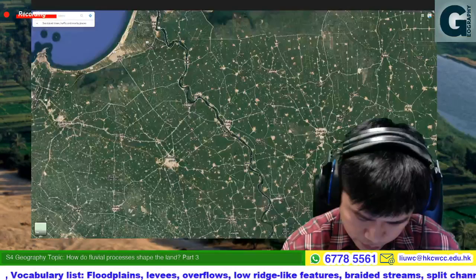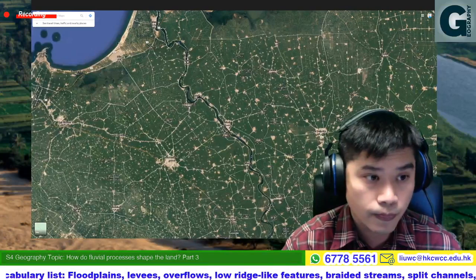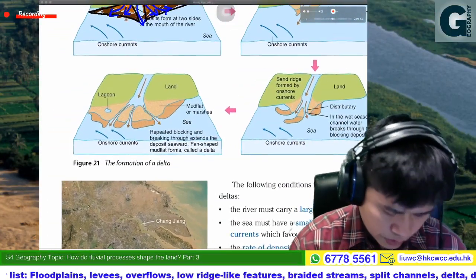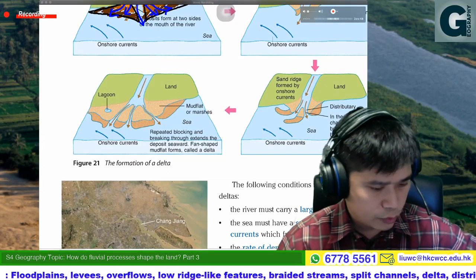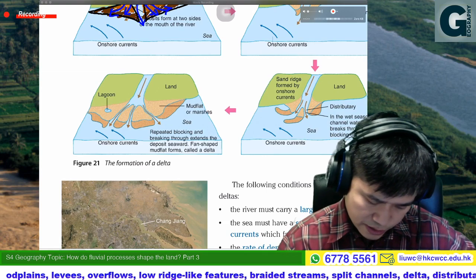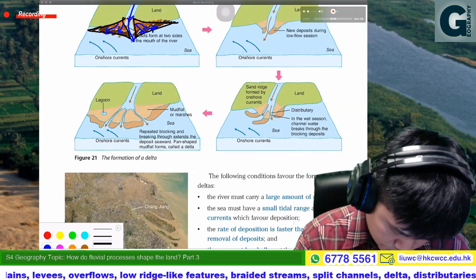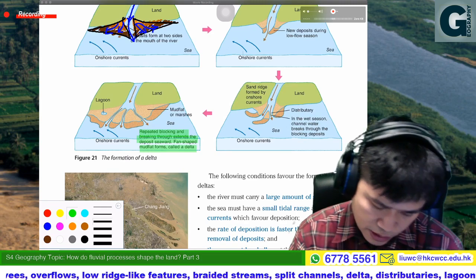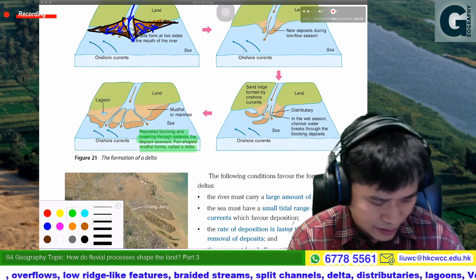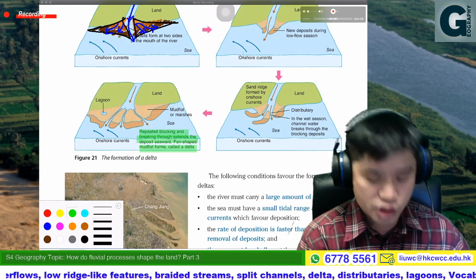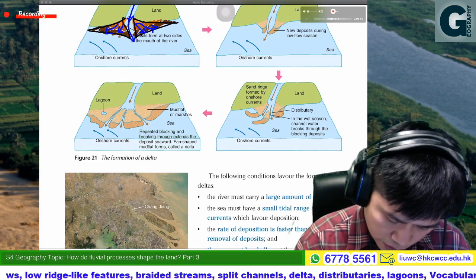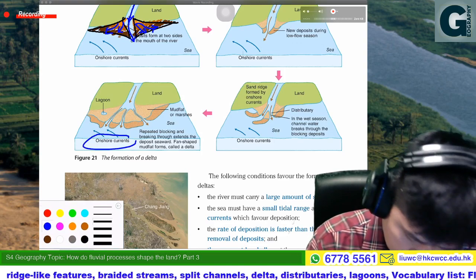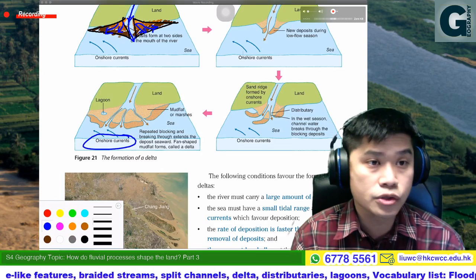Okay, so therefore, on figure 21 you can see that there will be the formation of the delta, like a repeating blocking and breaking through. The extent of deposit seaward, a fan-shaped mudflat, will form, and it is called a delta. And in your textbook you can also see here the onshore current.